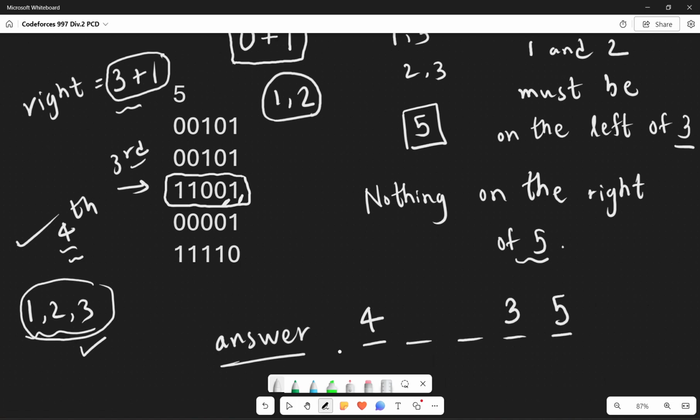Similarly, checking for the second row, we'll check if there is an edge between 1 and 2. Is there any edge between 1 and 2? No, there is not. So 2 is basically to the left of 1, right?